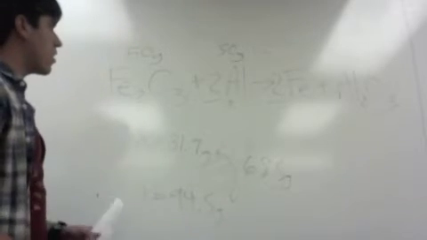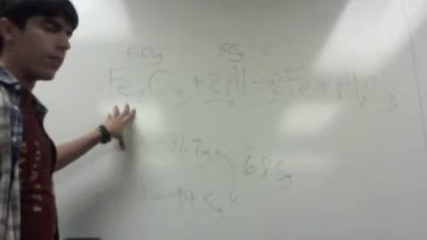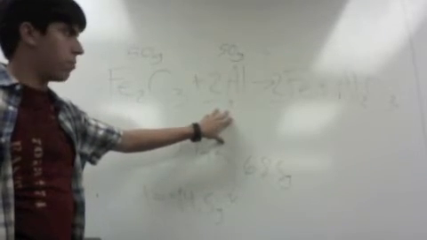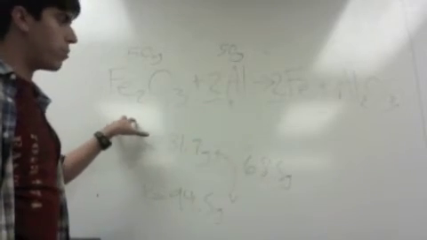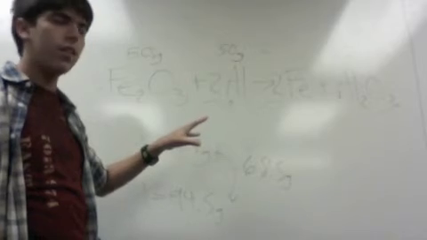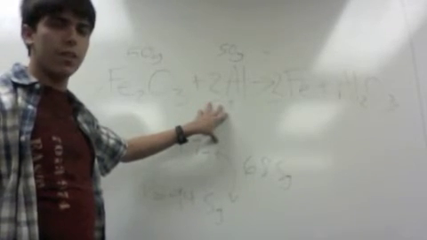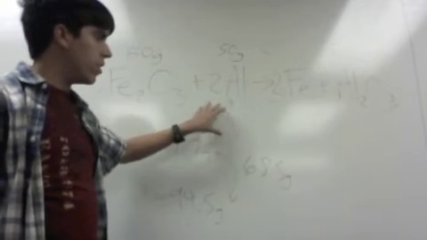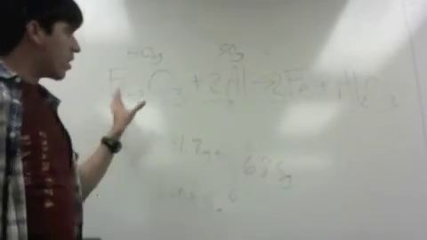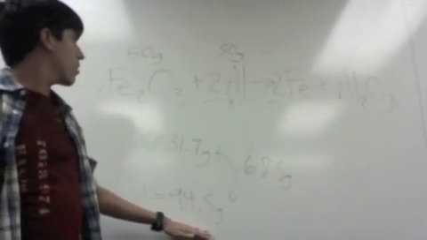So what this means is, had we had enough ferric oxide to react with aluminum, so that aluminum wouldn't have been the excess reagent, if aluminum was entirely used, then 94.5 grams of aluminum oxide would have been produced.